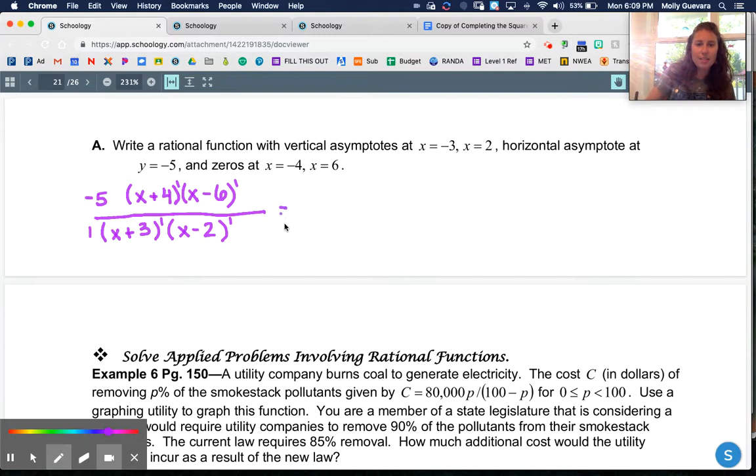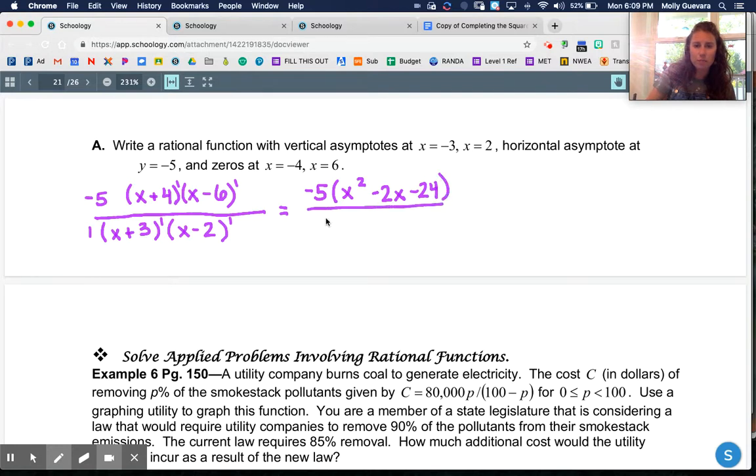And then the last thing is they actually want the function. So I'm going to multiply it out. I'm going to ignore this -5. I'm just going to leave it there for now. And I'm going to multiply. I get x squared minus 2x minus 24 over x squared plus x minus 6. And then the last thing, now I can multiply the -5 in.